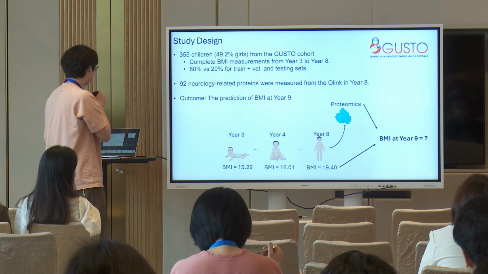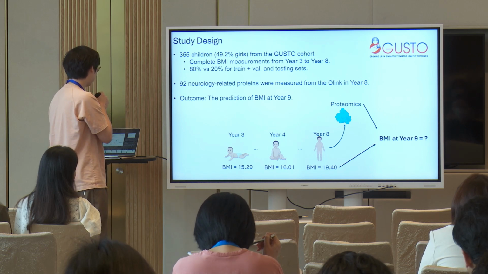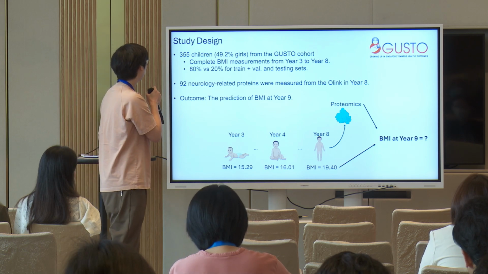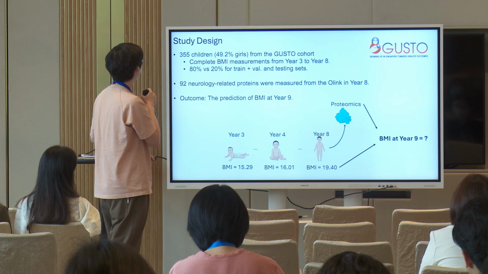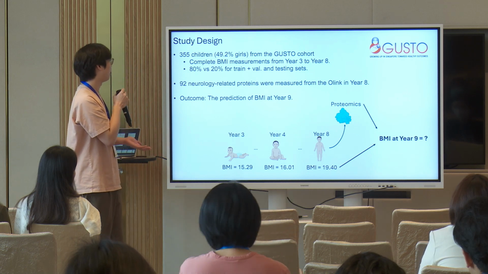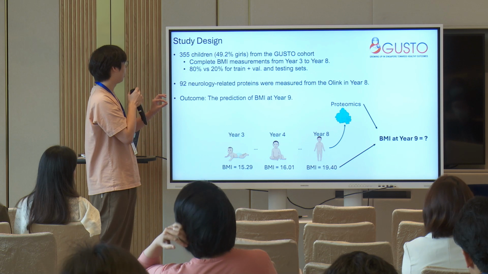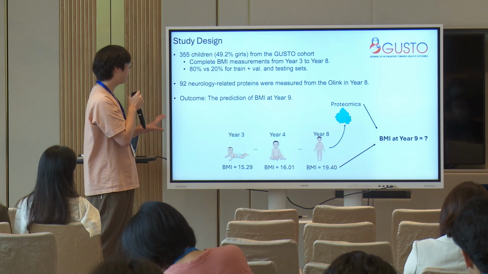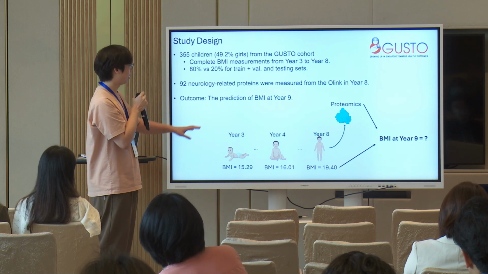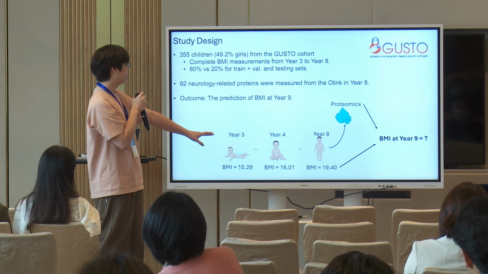We adapted the data from the cohort of the Growing Up in Singapore Towards healthy Outcomes (GUSTO) study. Right now we have 355 children, where half of them are girls and the other half are boys. We selected this subgroup because they have complete BMI measurements from year 3 to year 8, and also a proteomics measurement at year 8.